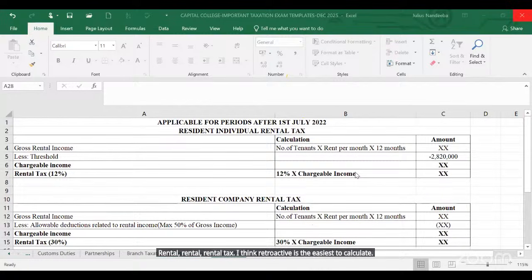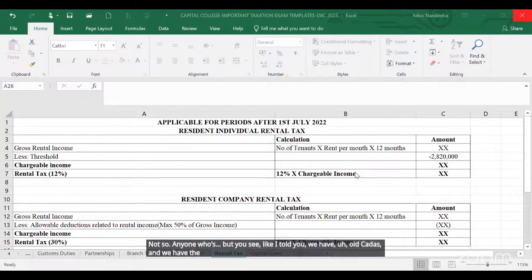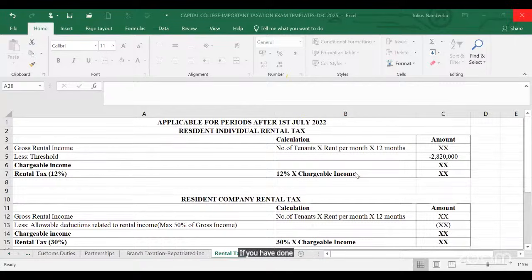Not so. You see, like I told you, we have old cadres and we have the new cadres. If you have done some of these exams before, you have some formulas that are still in your head. I want you to get them out. Because if there is anything that has changed so much, it is rental. Rental has changed so much.